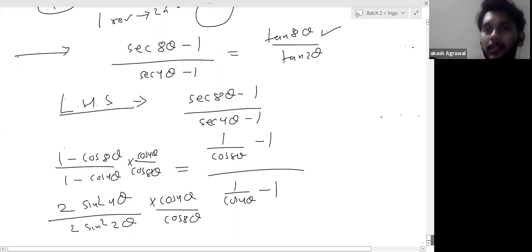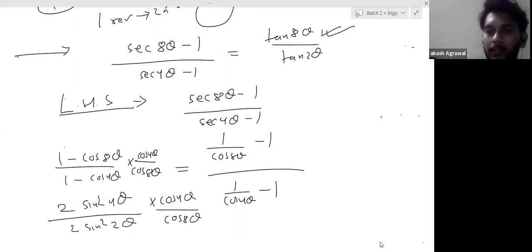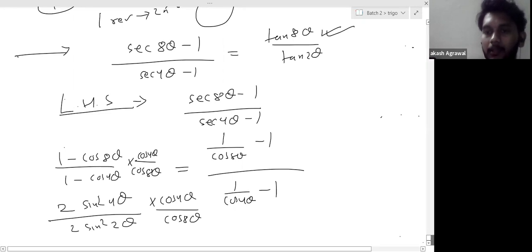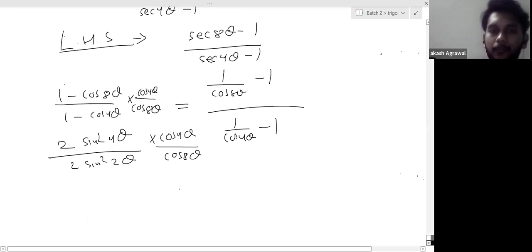In the question, we have to get tan 8 theta in the numerator and tan 2 theta in the denominator. So looking at the question, break this sine square 4 theta into 2 parts. Why? Because to get tan 8 theta, you must be getting sine 8 theta, and to get sine 8 theta, we have sine 4 theta.